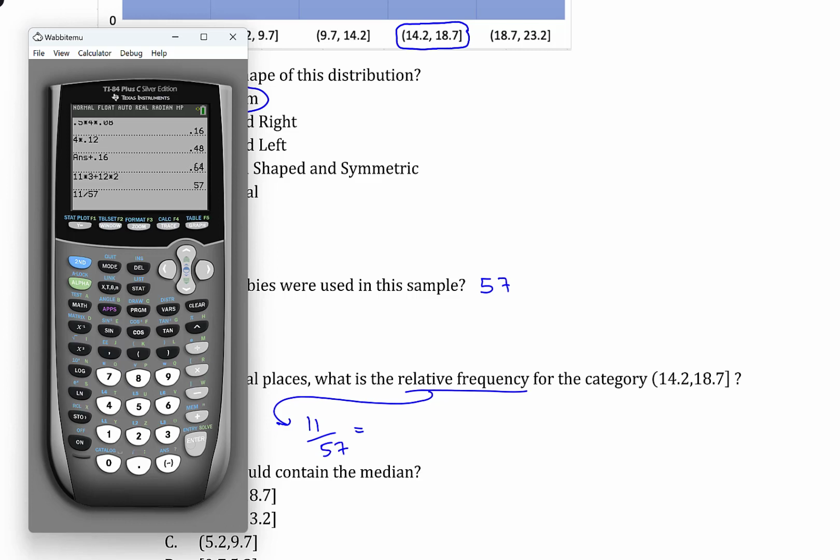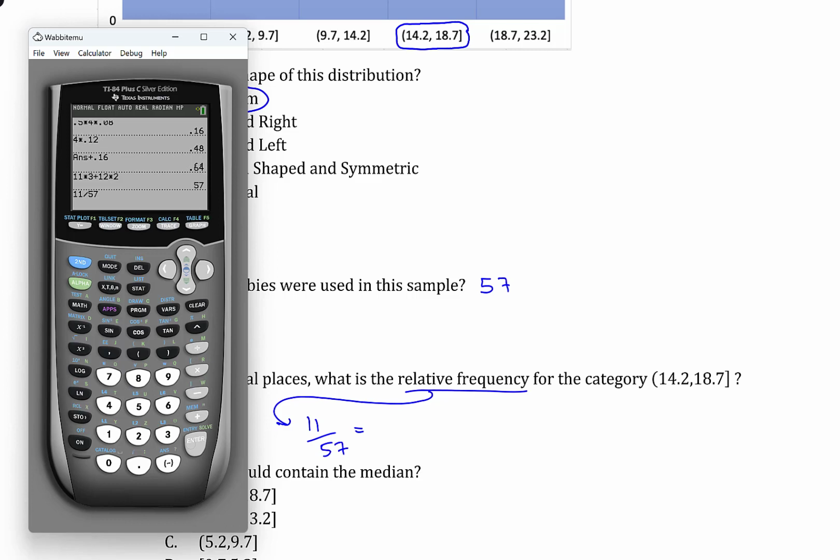The middle value is going to be at the 57 divided by 2 position. So 57 divided by 2 is like the 28.5 position. So if I had a list of all of my data, whichever value is at the 28.5 position, that's what I would be looking for. So somewhere between the 28th and the 29th position.